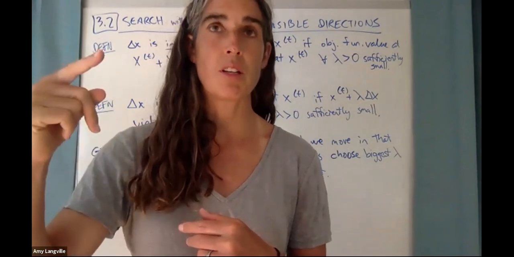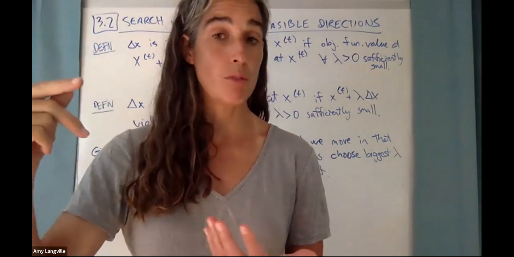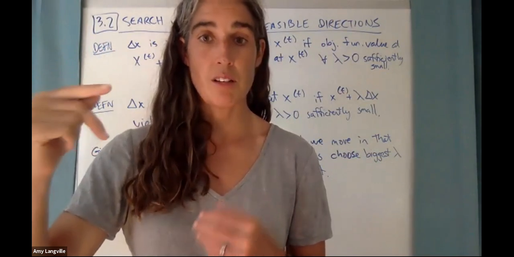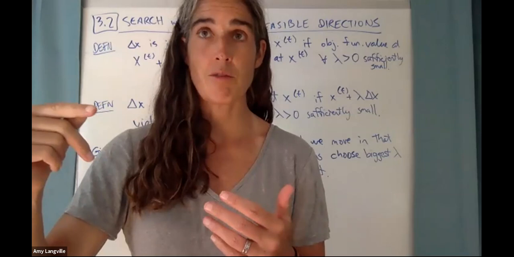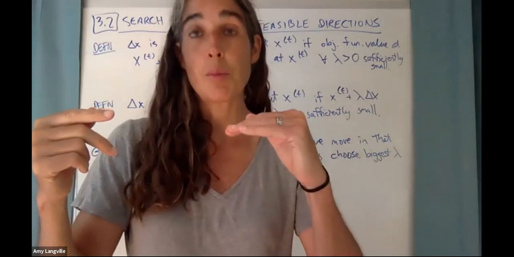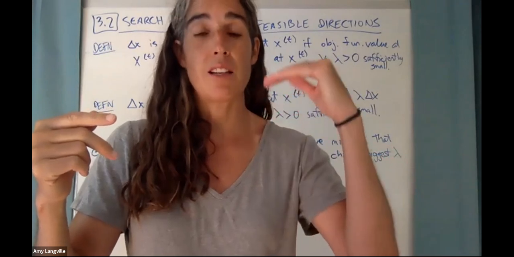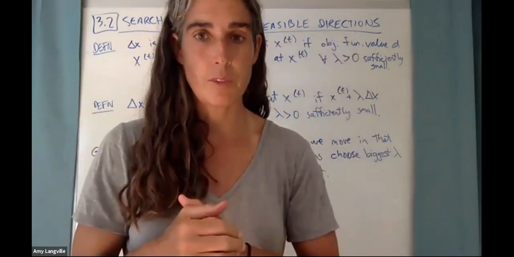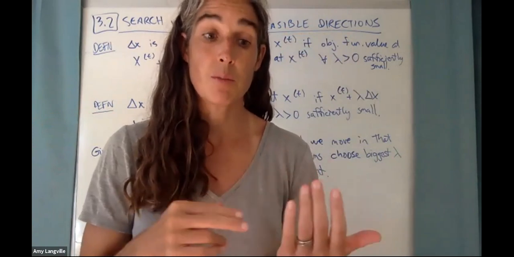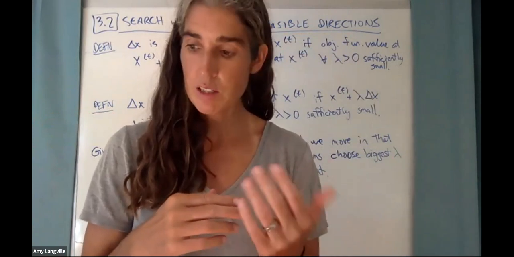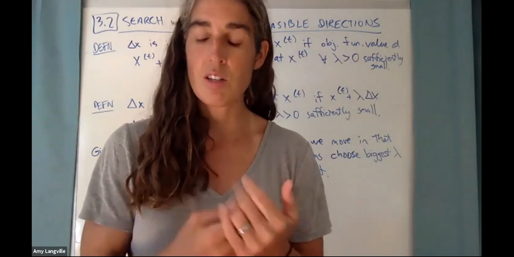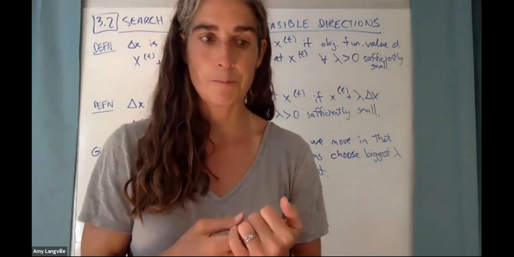And improvement always relates to the objective function. So if it's a maximization problem, xt has some objective function value, and at xt plus 1, we're better than that. Okay, so keep those two things in mind. To be a feasible direction and a feasible step size, it has to be related to the constraints. To be improving, that's related to the objective.